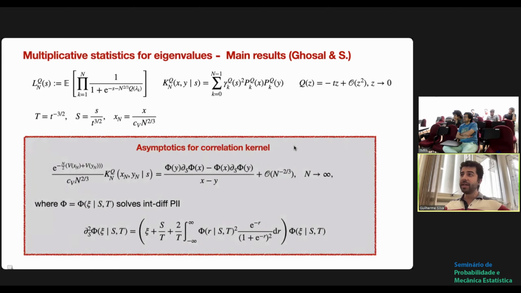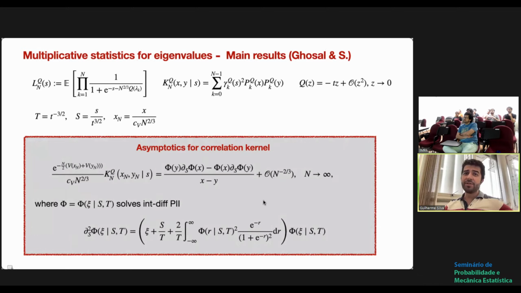Okay, I don't want to say much about here because I'm running out of time. But as I briefly mentioned before, our techniques are based on this determinantal structure, and there's a certain correlation kernel associated with this deformed statistics, those multiplicative statistics.